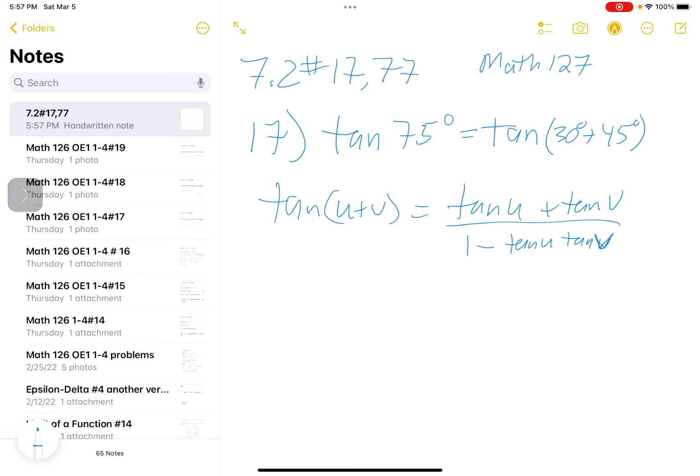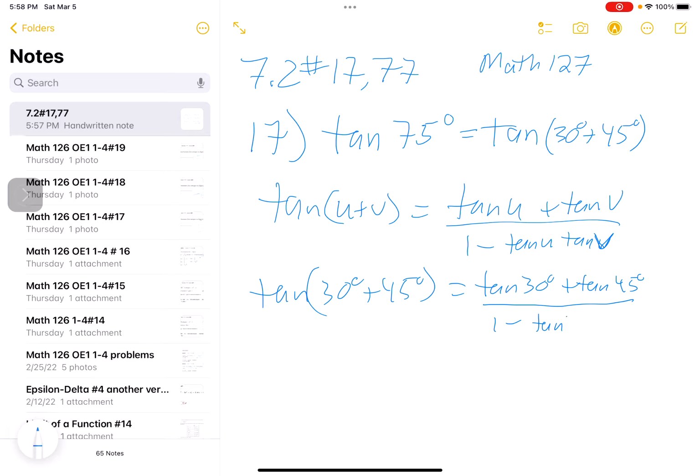So we're looking at tangent of 30 degrees plus 45 degrees to be tangent of 30 degrees plus tangent of 45 degrees over 1 minus tangent of 30 degrees, tangent of 45 degrees.